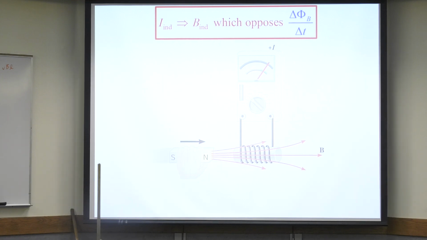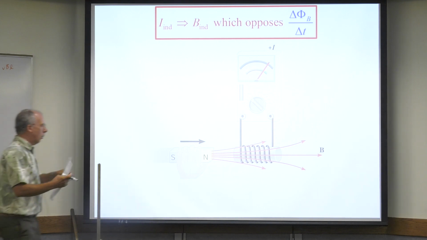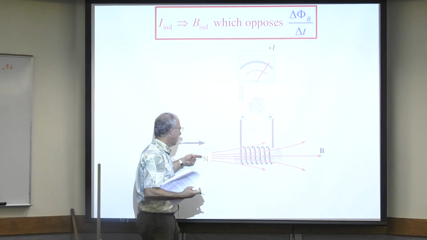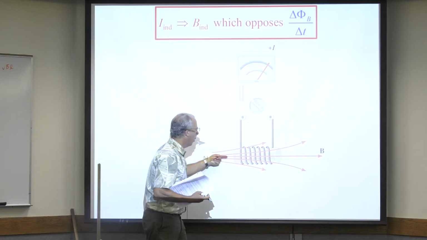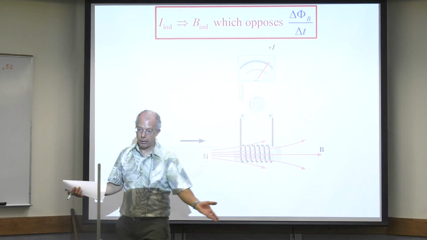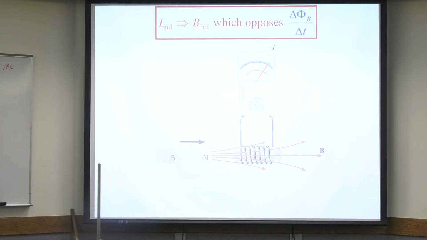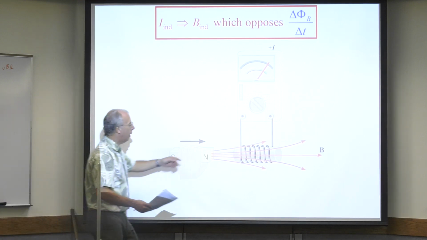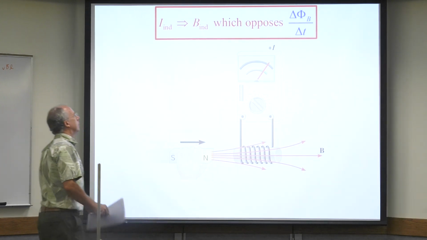We're looking at inside this area. So what's happening to the magnetic flux as we move this magnet closer to the coil? Well, obviously it's increasing. So the magnetic flux through the coil is increasing.